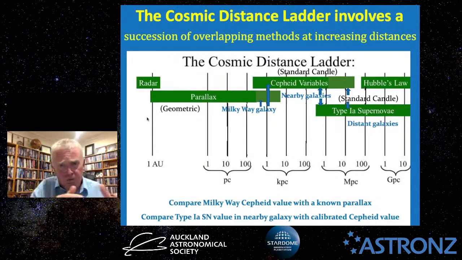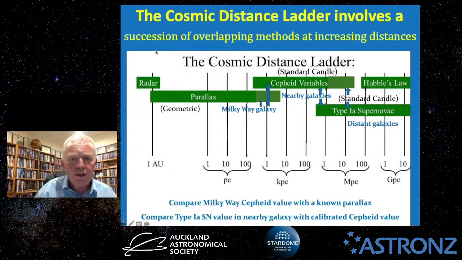So I prepared this little diagram to show you the principle, and it really involves a succession of all these different methods overlapping at increasing distances, and I'll show you here. We really dealt with these three in that last talk, so in this review let's talk about this.